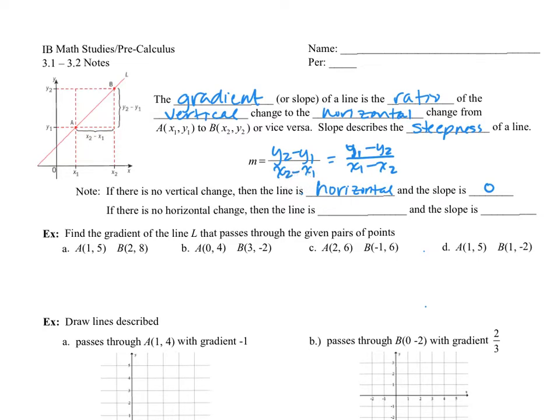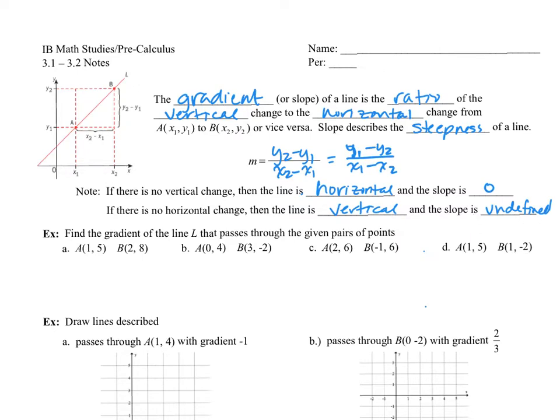That happens when we have a line that is vertical, and we would say that the slope in that case is undefined because we cannot have a ratio with a 0 in the denominator of the fraction. That division by 0 is undefined. So there's just no ratio that can describe the slope of a vertical line, so we say the slope is undefined.